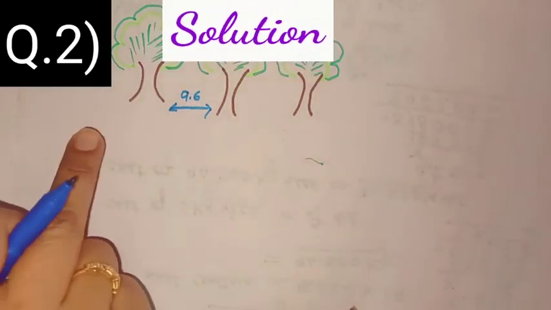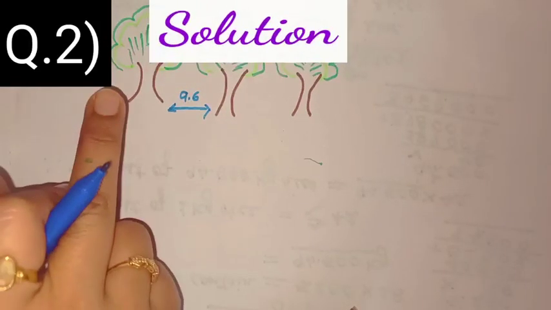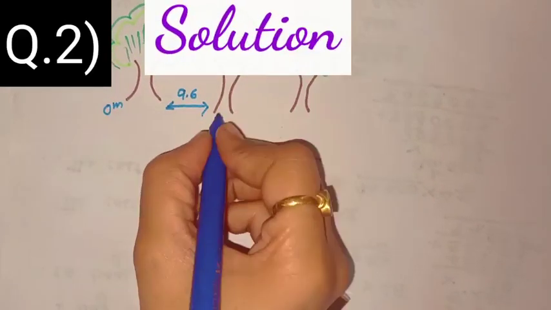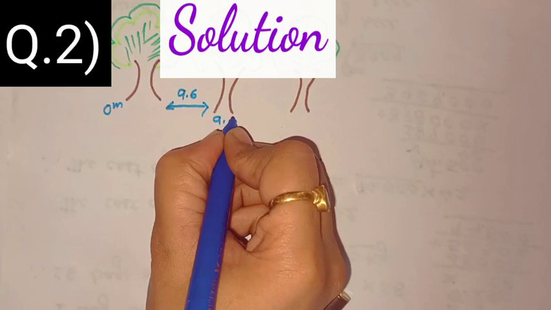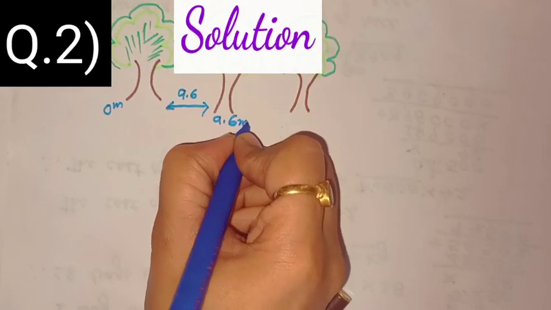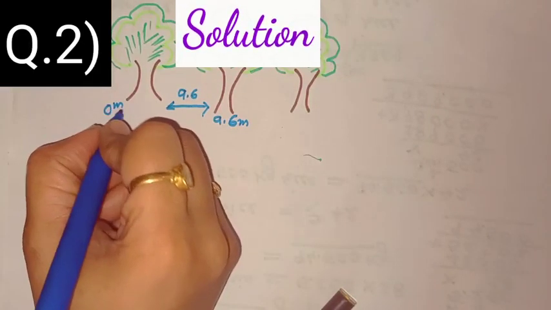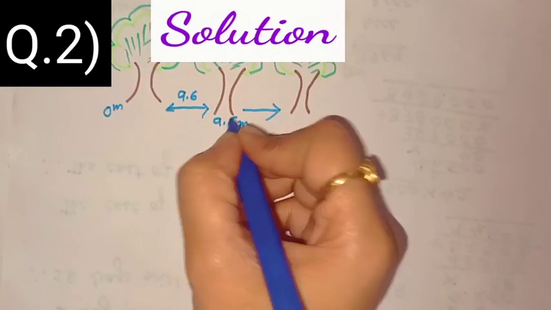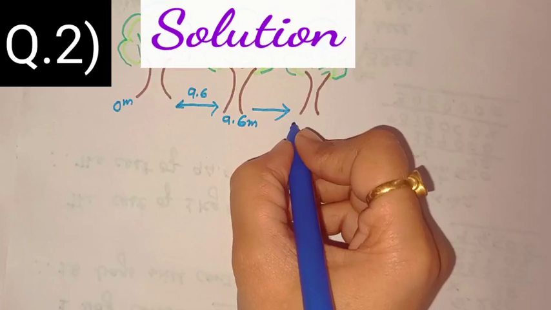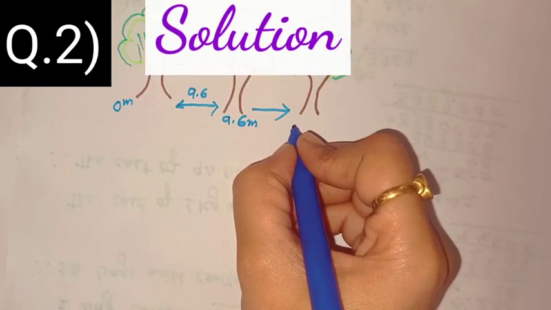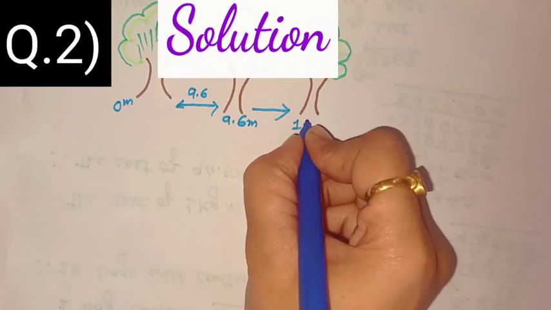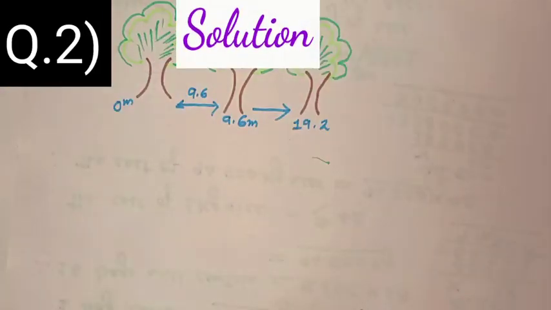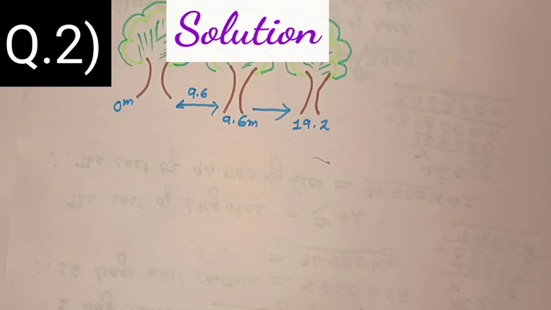Correct? So means the first tree will be at 0 meter and the next tree will be at 9.6 meter. And what about the next tree? Means we have to add 9.6 with 9.6. Correct? It will be 19.2. Okay, so like that the trees have to be planted.